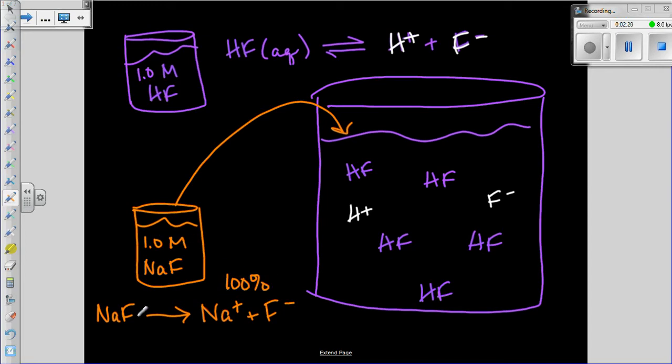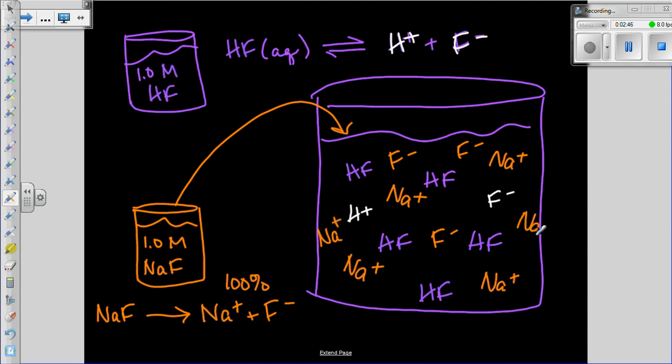So in this solution, there's no molecular sodium fluoride that you're going to see. In here, we would have 1, 2, 3, 4, 5. Okay, so if we combine those two together, we're going to have something like this.